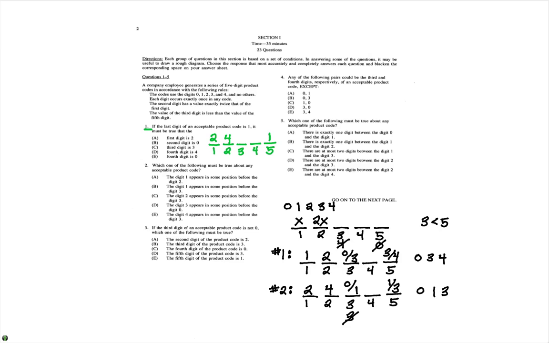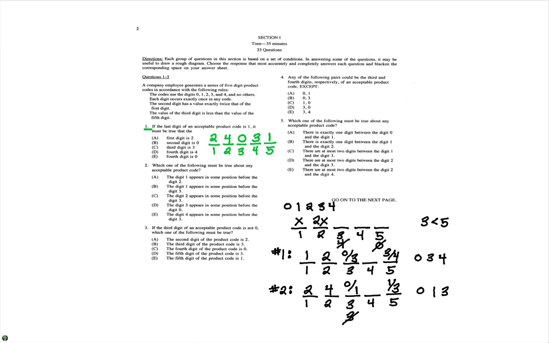Now we know the fifth digit has to be greater than the third digit, or as they stated, the third digit is less than the value of the fifth digit. Well, since the fifth digit is 1, the only possibility for the third spot has to be less than 1, which is 0, making 3 go fourth.